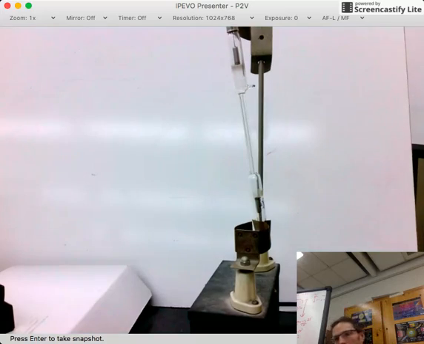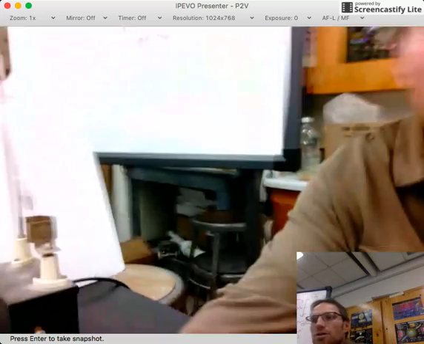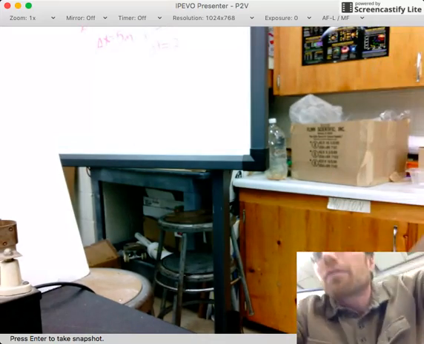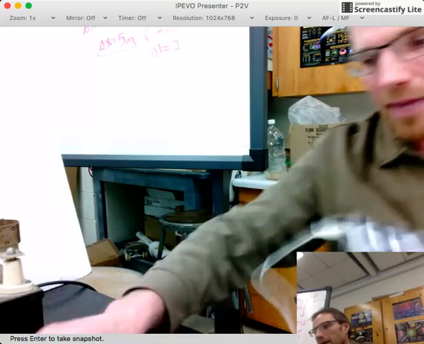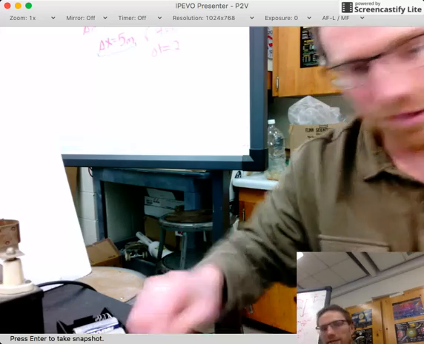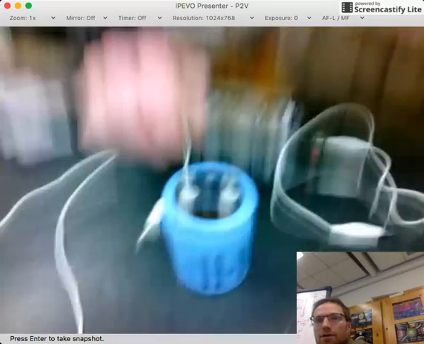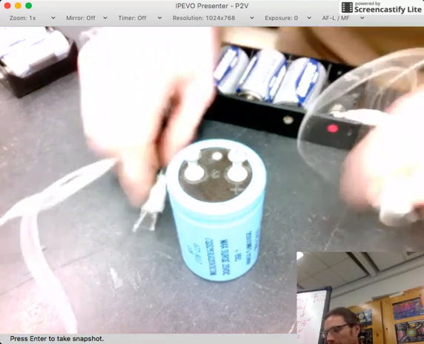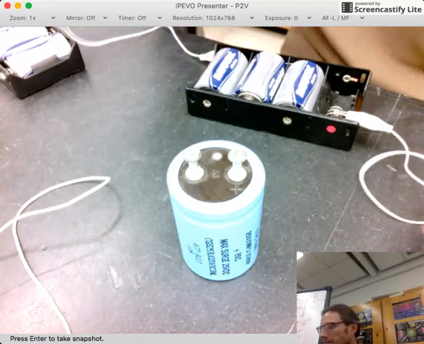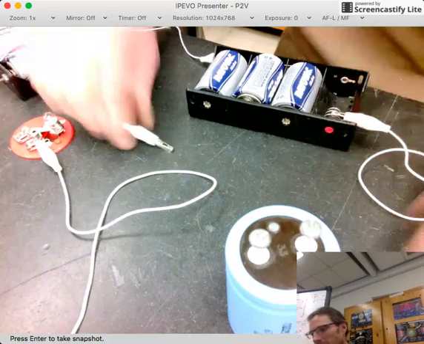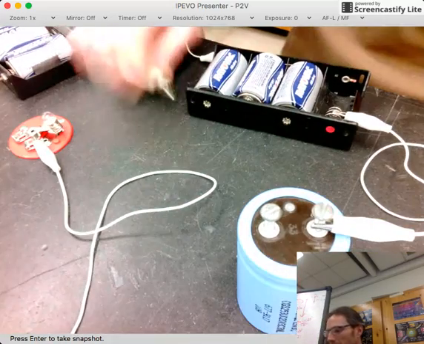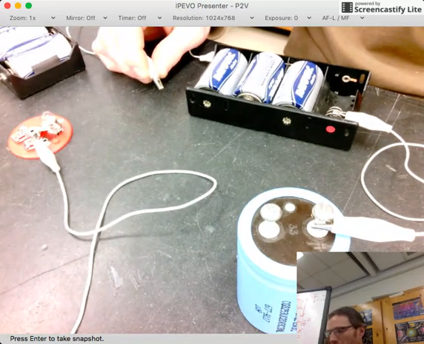Okay. I also showed you a circuit that I made, or that I put together, from a bulb and battery pack and some wires. So I have here a 25,000 microfarad capacitor, battery pack, the bulbs, and one way to show that charge is moving through a circuit.